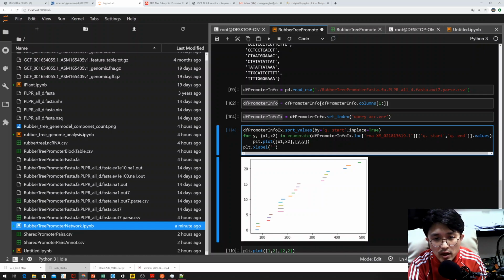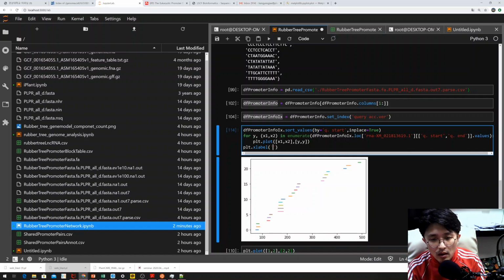So we retrieved the upstream sequence. Actually, I forgot the length of the upstream sequence. It must be 500, right? So this must be minus 500. This must be 0. So this part is the start point of the gene, I think.